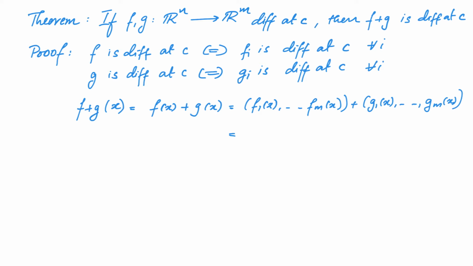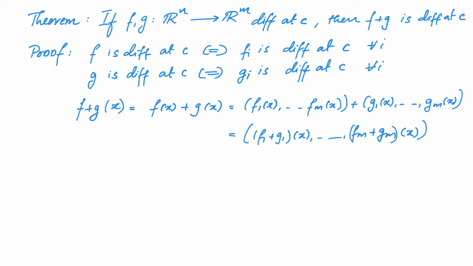Their sum would be equal to f1 of x plus g1 of x, etc. up to fm of x plus gm of x. And notice that fi of x plus gi of x is equal to fi plus gi of x.